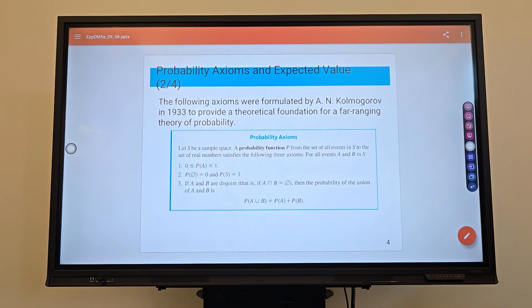The probability of S is 1. If A and B are disjoint, that is, the intersection of A and B is equal to null, then the probability of A union B is equal to the probability of A plus the probability of B.